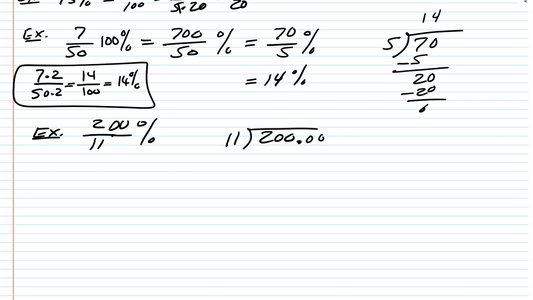So the leftmost 2 digits are 20. 20 divided by 11, that's 1. Subtract, we get 9. 0, 8 times 11 is 88. Subtract, we get 2. Bring down the 0. Yeah, because this thing is just going to go on and on and on. I can see that. But let's try it anyway.